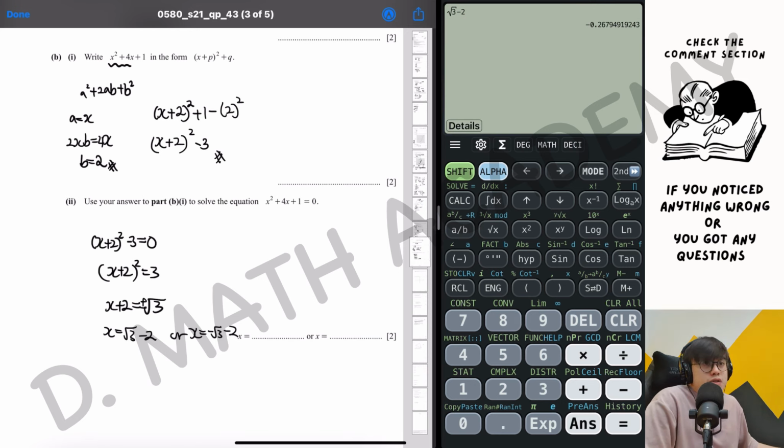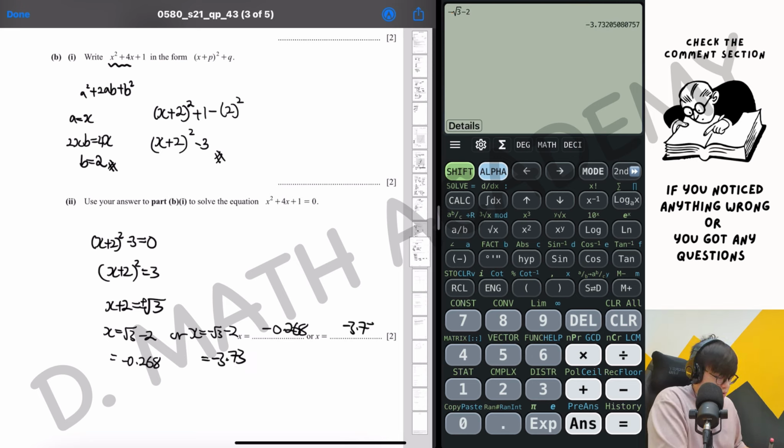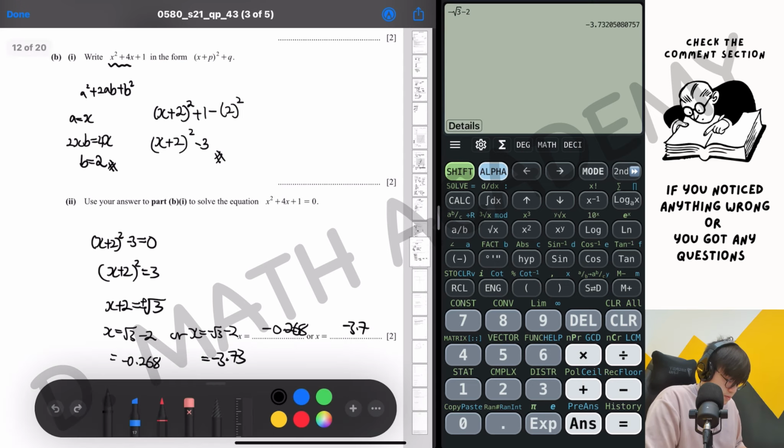We get your answers as negative 0.268 for the one over here, after correcting to 3 significant figures. And for the other side, the answer will be negative 3.73. So this is how you get your final answer here.